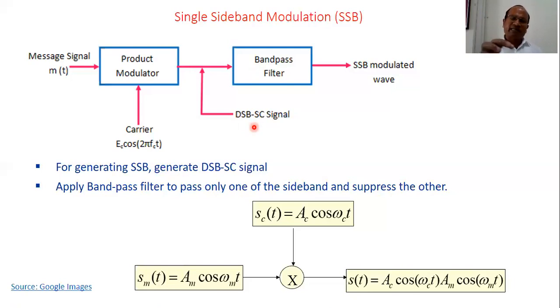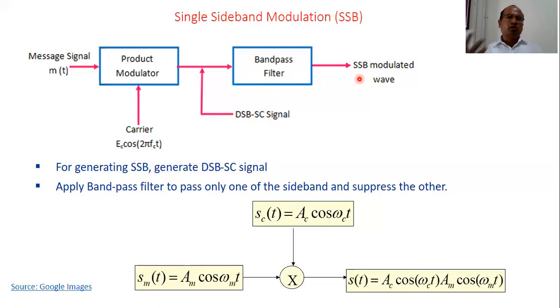Each band extends from a certain lower frequency to a higher frequency. So when we specify the cutoff frequencies in the band pass filter as per the frequencies of either upper sideband or lower sideband, what will happen? Only one sideband will be passed and the other will be rejected.